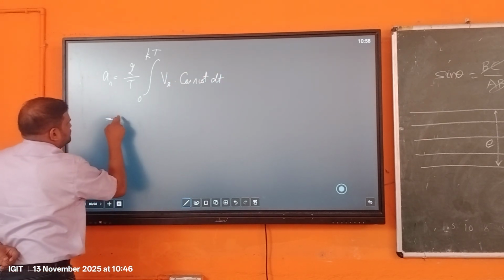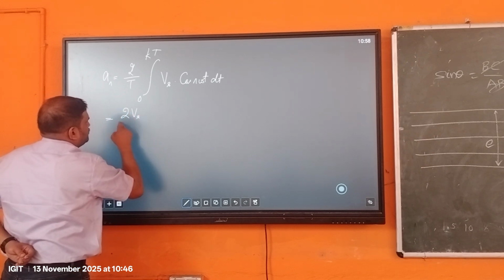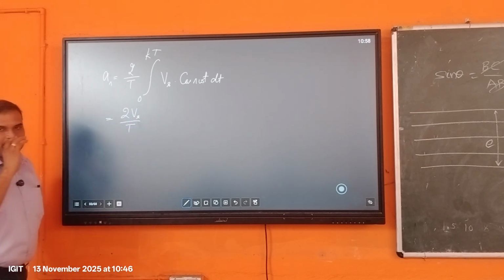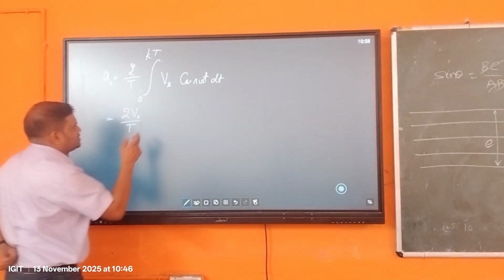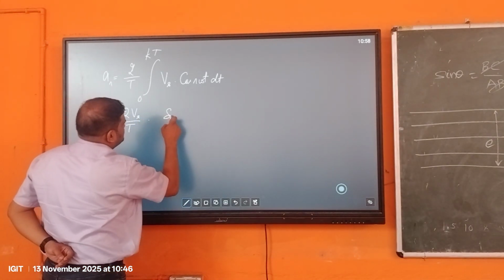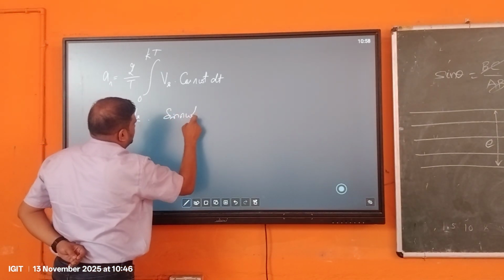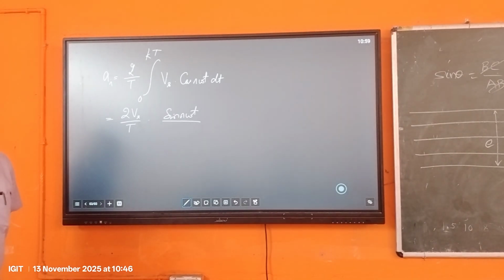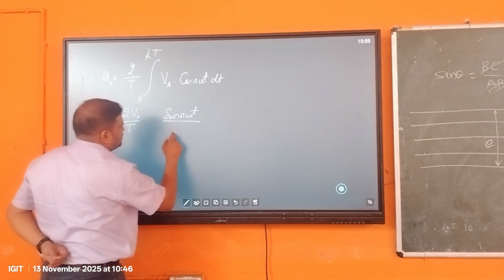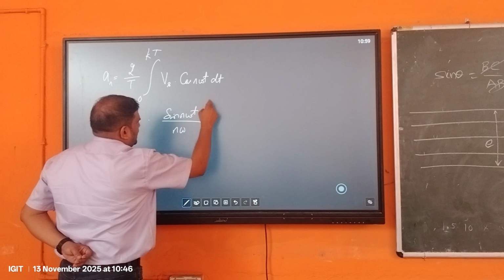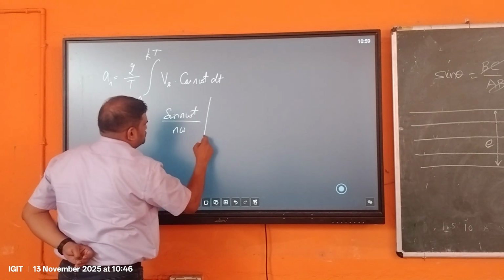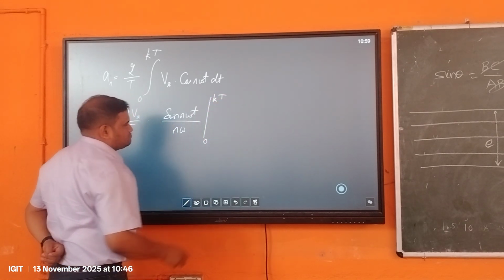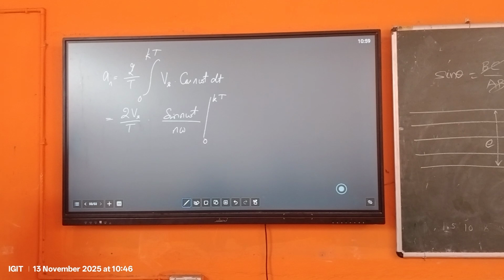So what is the integration of this one? 2 Vs by T. Integration of cos n omega T is sin n omega T over what is the constant term here? n into omega. Very good. n into omega. And the limit is from 0 to kT. Correct? Limit will be 0 to kT.